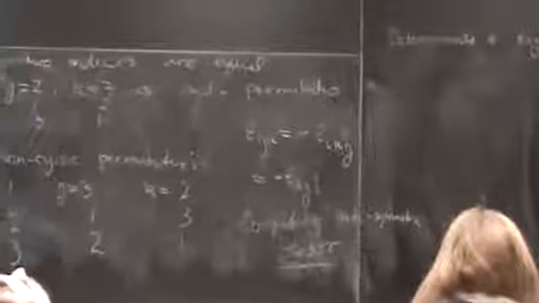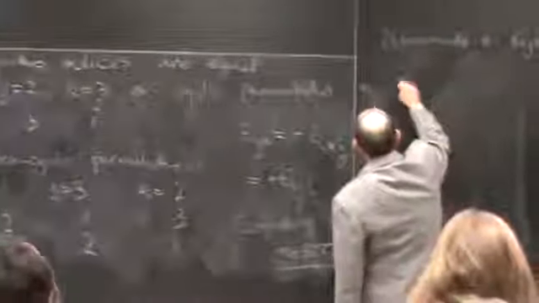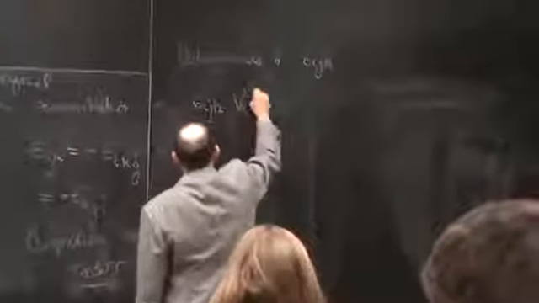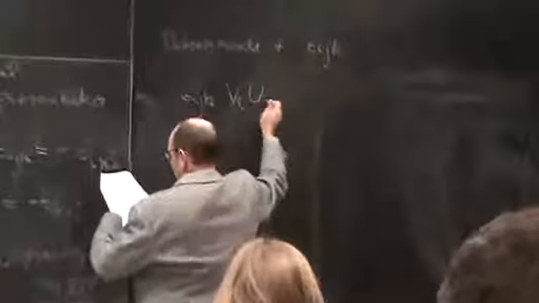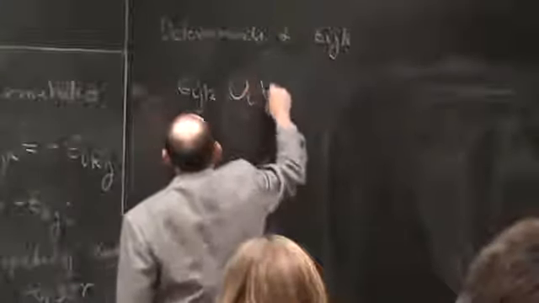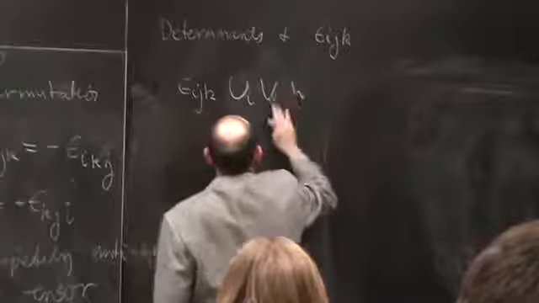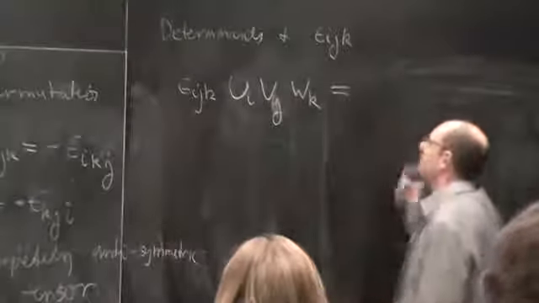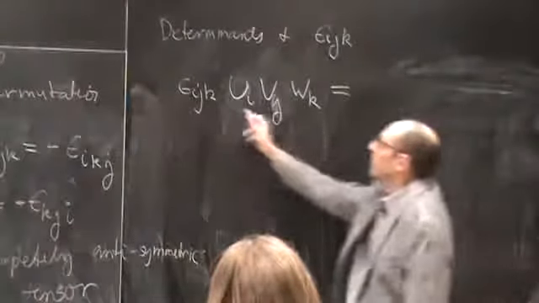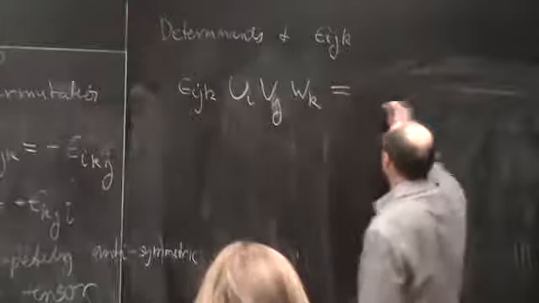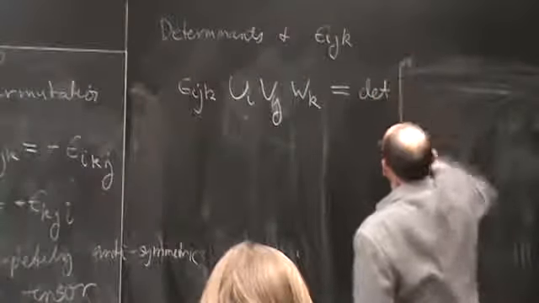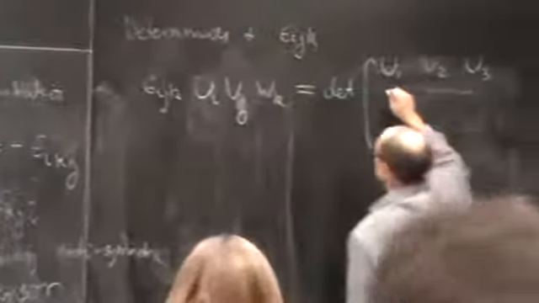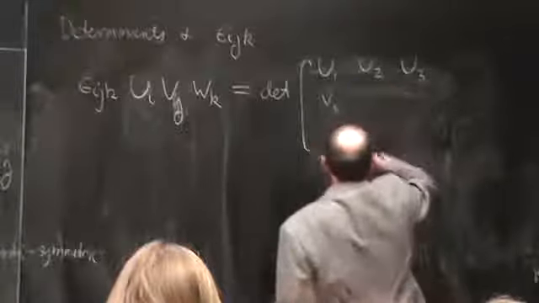So the determinant has the antisymmetric property. If I look at epsilon ijk times a set of three vectors, u_i v_j w_k, summed over i, summed over j, summed over k, this is equal to the determinant of the matrix with the entries being those three vectors.